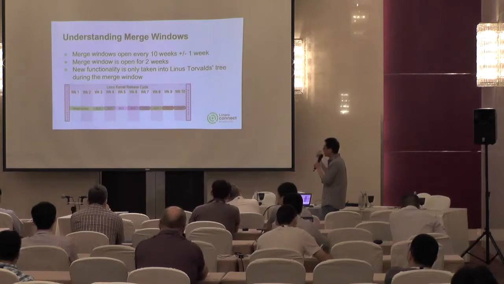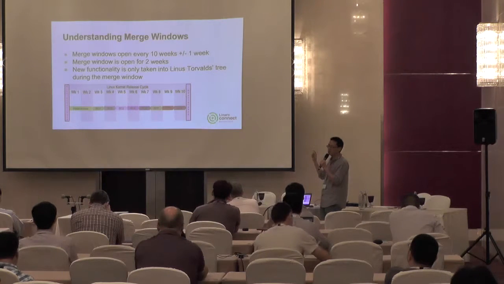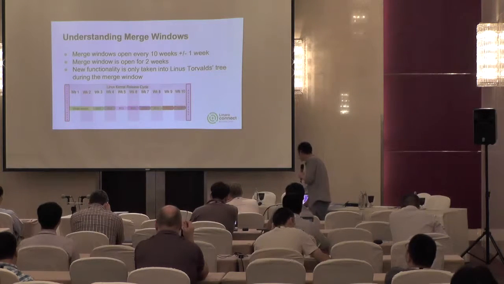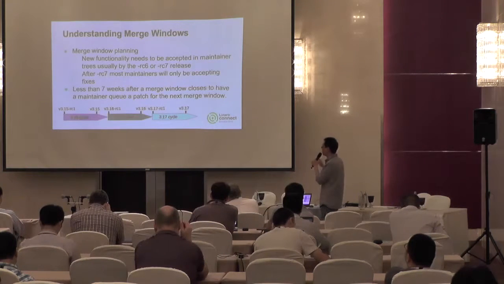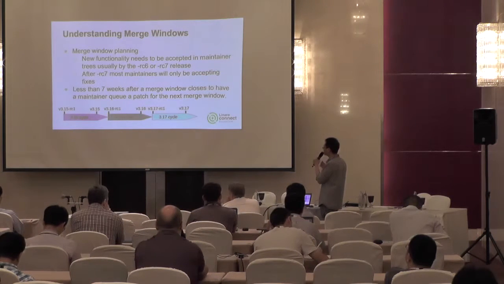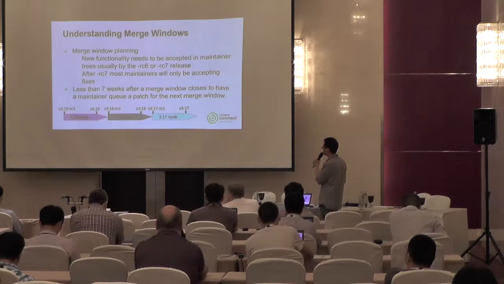One thing we can see is that the merge window is based on Linus's time scale, not on the maintainer's scale. So, merge window planning: if we want to merge our own device driver, the new functionality needs to be accepted by the maintainer's tree, usually by RC6 or RC7.